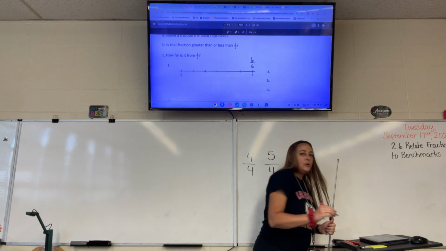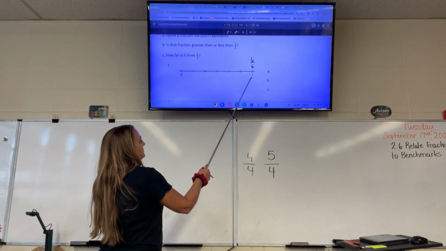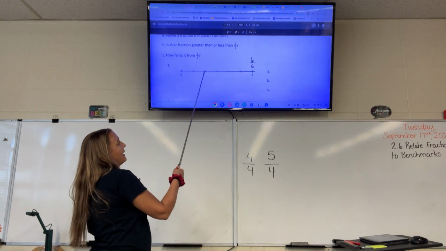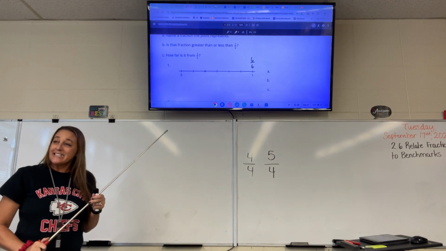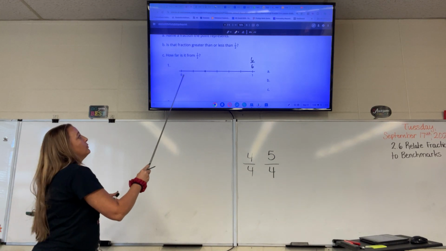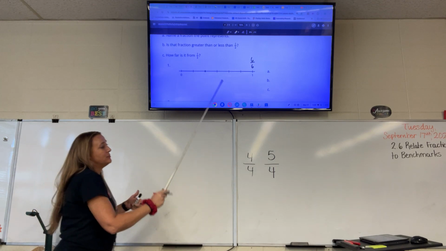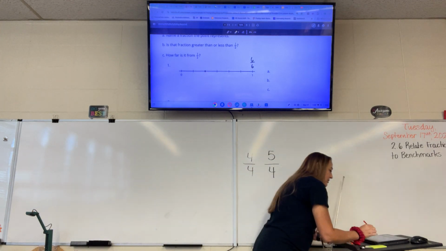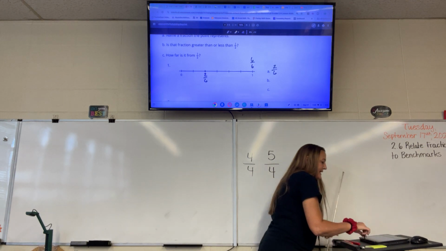And at 1 whole, it's going to be 6/6. Okay, write that down. Now, we have to find out what this point represents, and if all of our fractions are 6 size parts, we're going to go 1/6, 2/6. Okay, so for part A, we're going to write down the fraction 2/6.